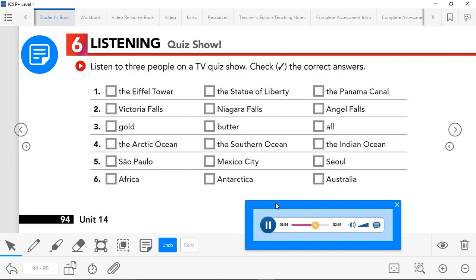Andrew. The Arctic Ocean is the smallest. Correct! Question number 5. Which city has the largest population? Seoul, Sao Paulo, or Mexico City? Rachel. Sao Paulo has the largest population. Very good.